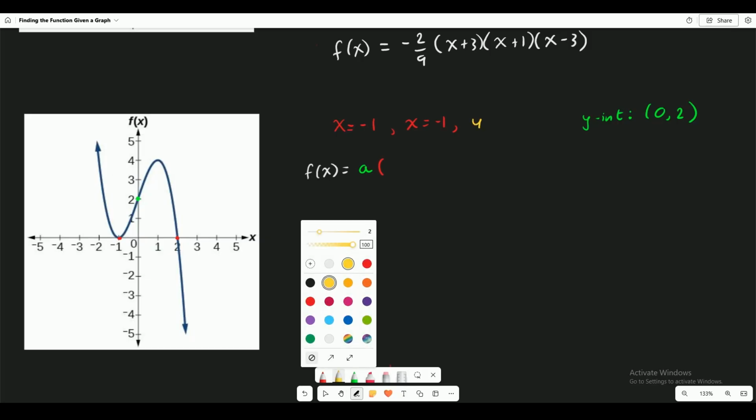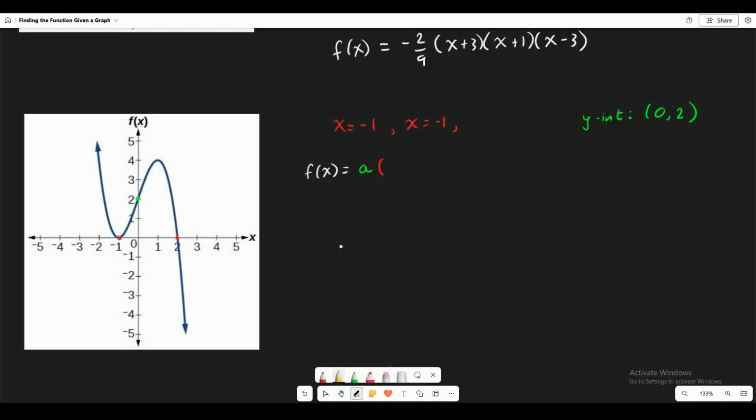So this one's going to be x is equal to 2, so that way we keep track of our roots. So x plus 1, right, because it's negative, another x plus 1, and now we have x minus 2, just like that. Now we're going to use the y-intercept to find out what our a value is.